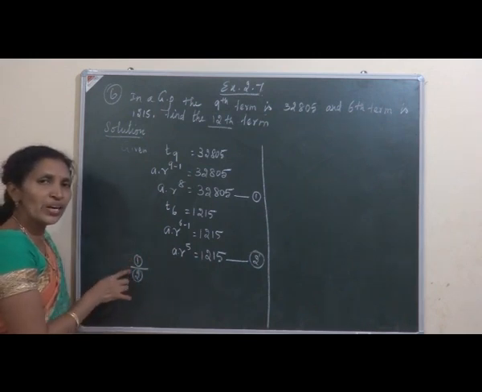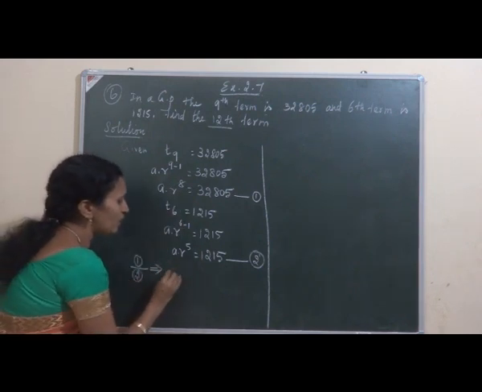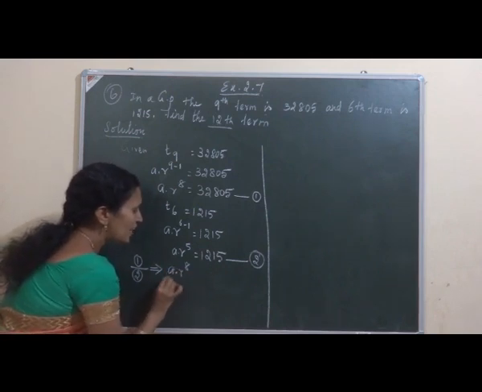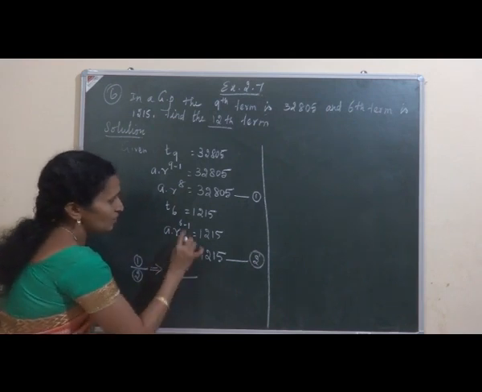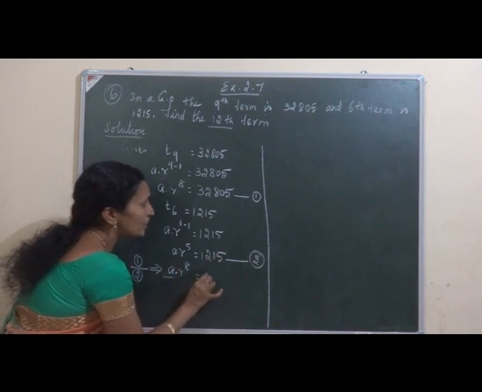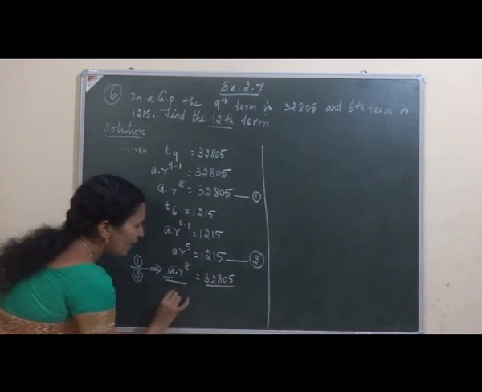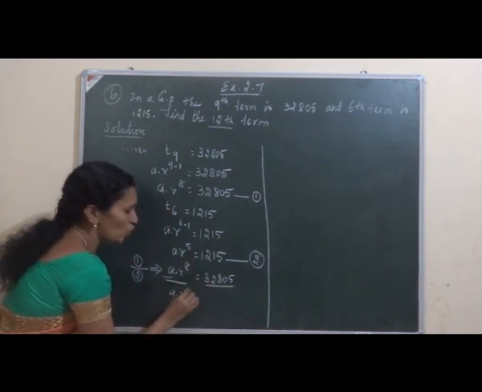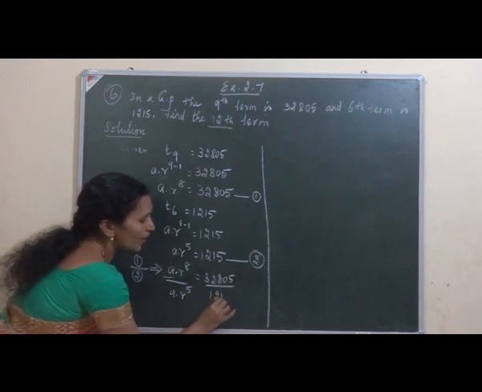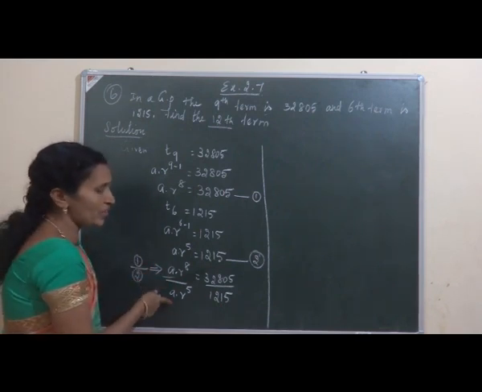Equation 1 is a into r power 8 equals 32,805, and equation 2 is a into r power 5 equals 1215.